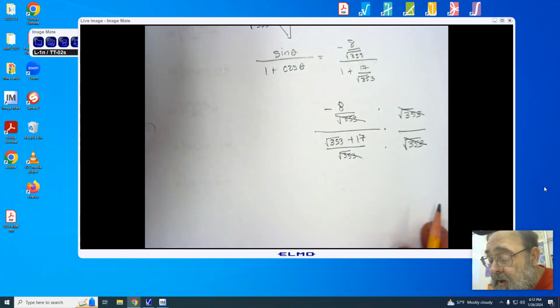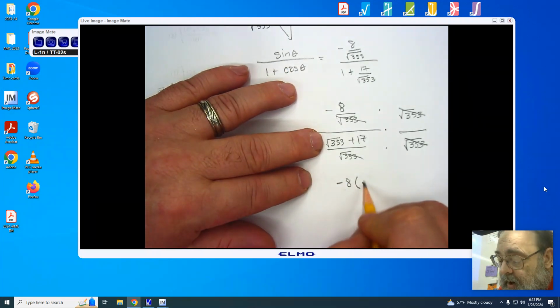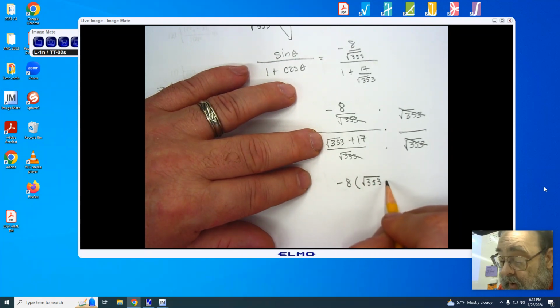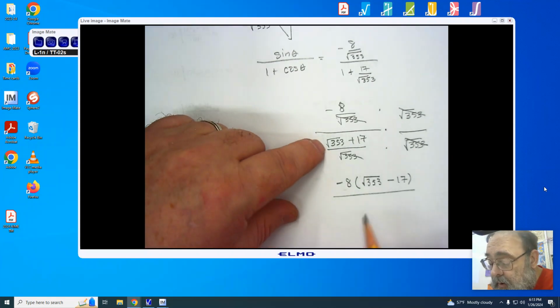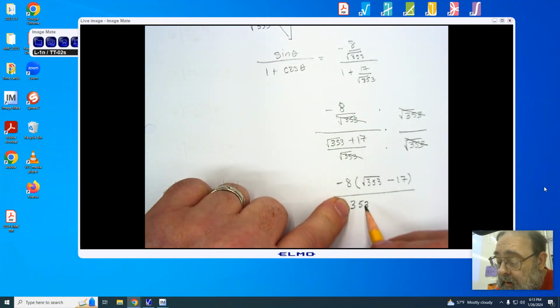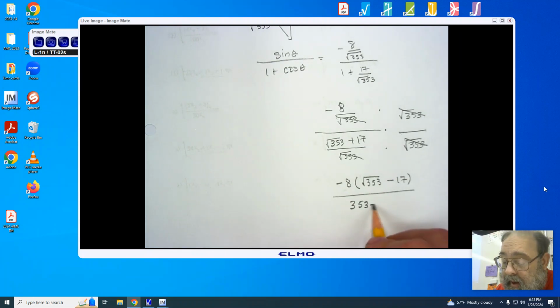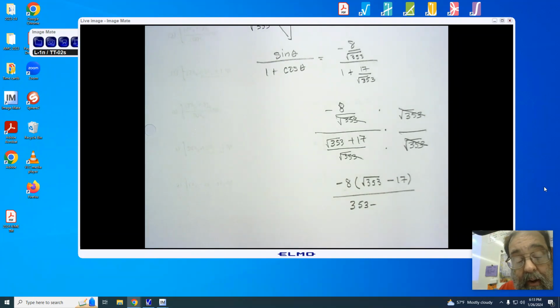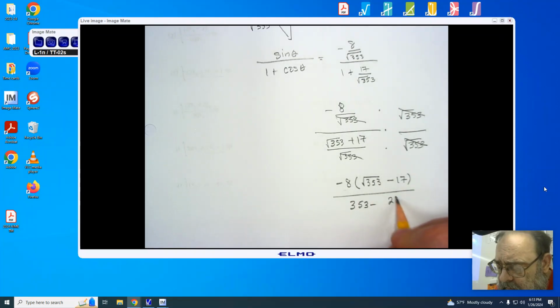I'm now ready to continue. I know I have a negative 8. I know I'm multiplying by the conjugate pair, square root of 353 minus 17, and it is all over, and let's just make sure we have 353, and notice I just squared. So I had a squared minus b squared, that's 353, and we have 17 squared. 17 squared is 289?